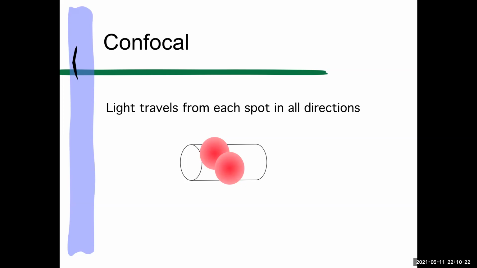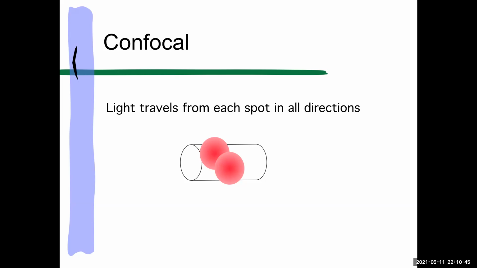And once you excite the light, you got the whole Jablonski diagram reaction happening. Remember that? Anyway, you're going to emit light of a different color, and that light is going to radiate out in all directions. It doesn't make a beeline for the objective, unfortunately. That's not how light works.